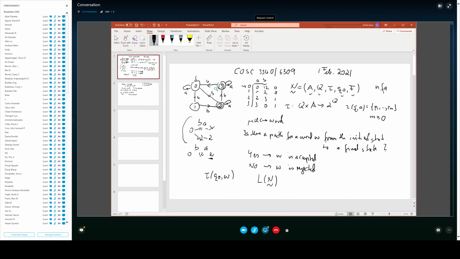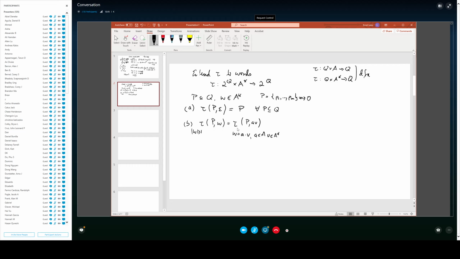Well, we split off the B and we discover that we can go from 0 under B to 1 as well as 2, and then we apply to whatever we have here, the set consisting of the states 1 and 2, the remainder of the word, which in this case was A. So from 1 under A we don't get anything, and from 2 under A we get 2, which means we effectively end up with the state 2.